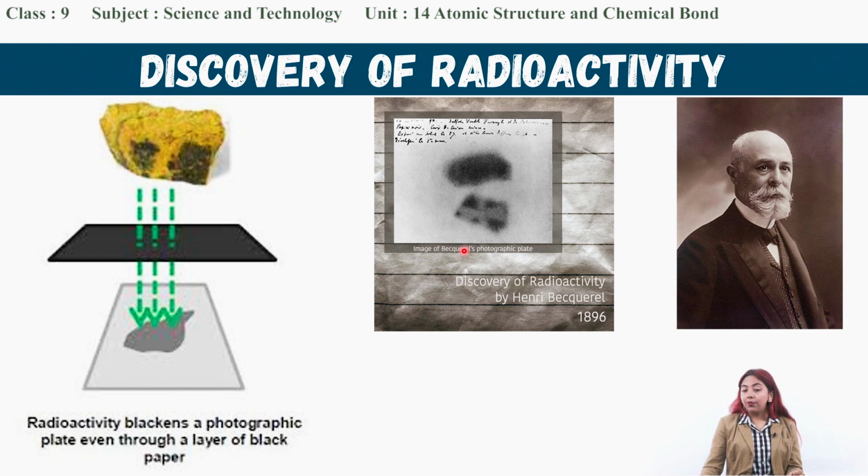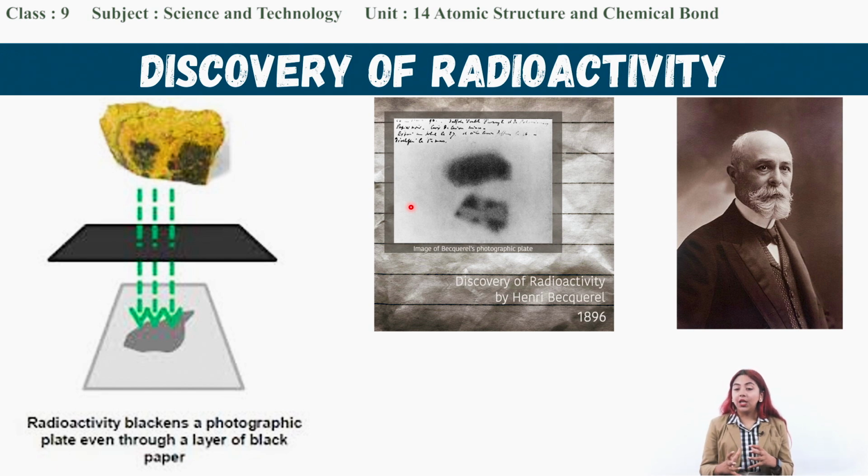He noticed that the uranium had emitted some radiation that could penetrate through this black paper, and it formed its image on that photographic plate. And that is how radioactivity was discovered.